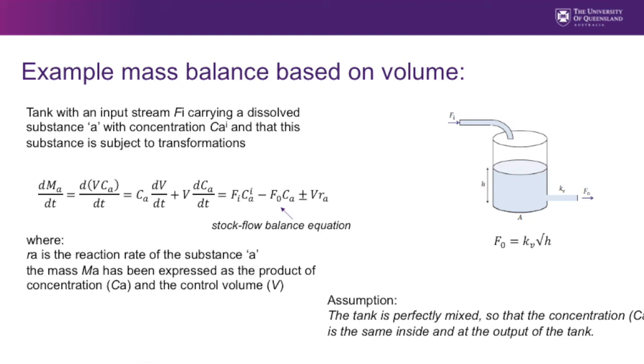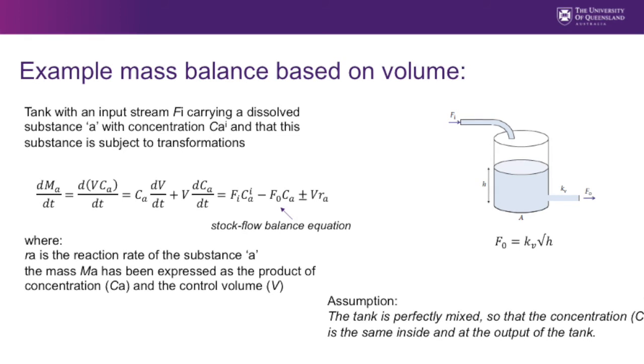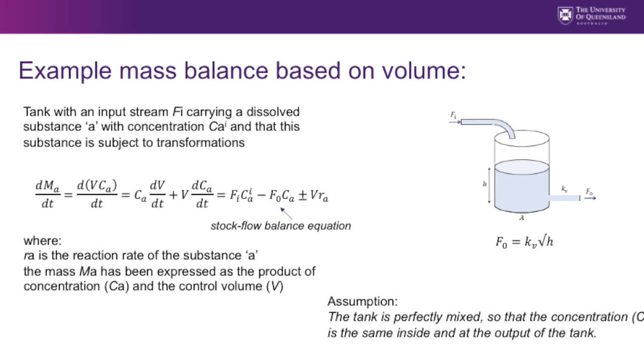We're going to discuss this example on mass balance based on volume. It is a tank with an input stream Fi carrying a dissolved substance A with initial concentration Ca, and this substance is subject to transformations. So our general expression on the mass balance has to be, if we have values of concentration, then we need to know the values of the volume.